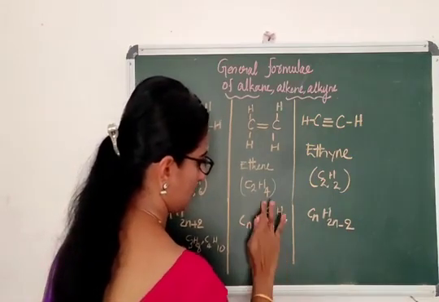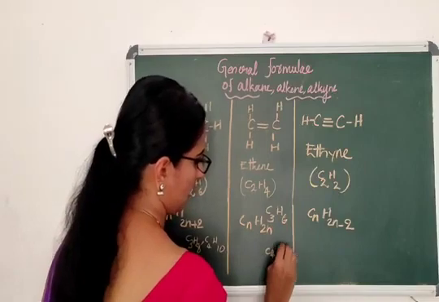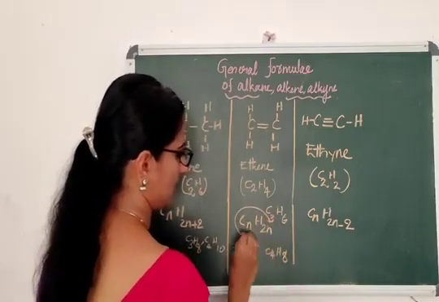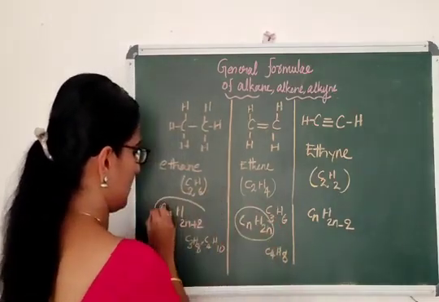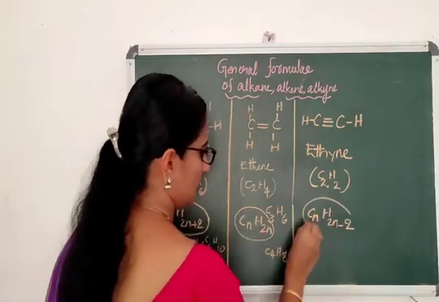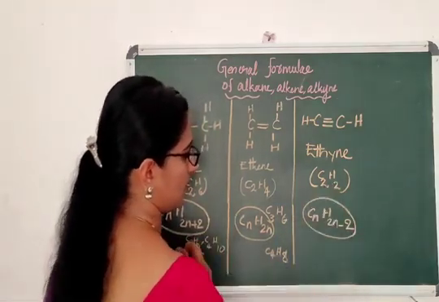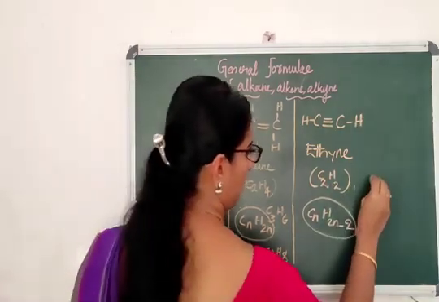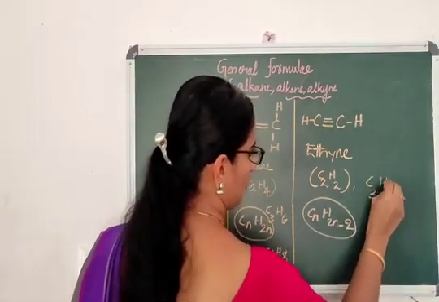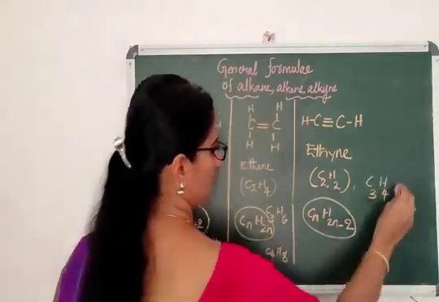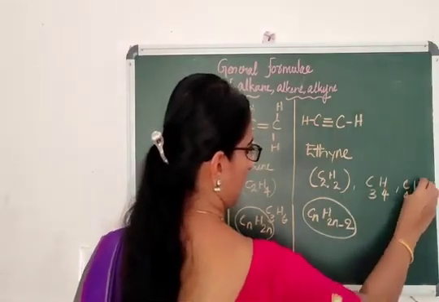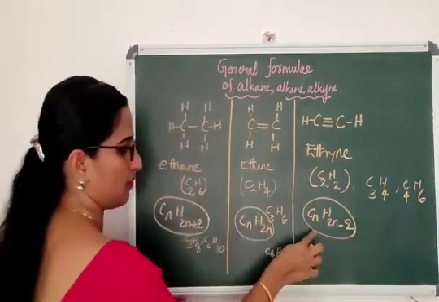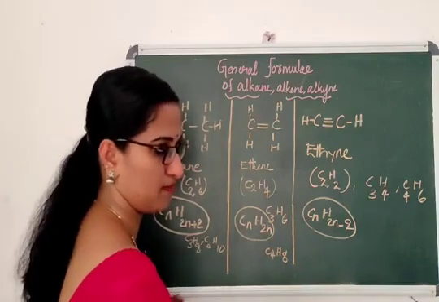The next member is C4H8. The series continues like this, according to the general formula. Who is the next member after ethyne? It is propyne, C3H4. Who is the next member? C4H6. The series can be continued according to this general formula.